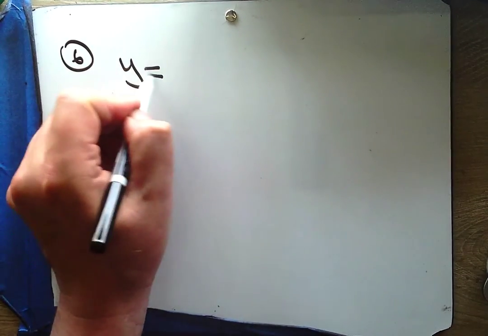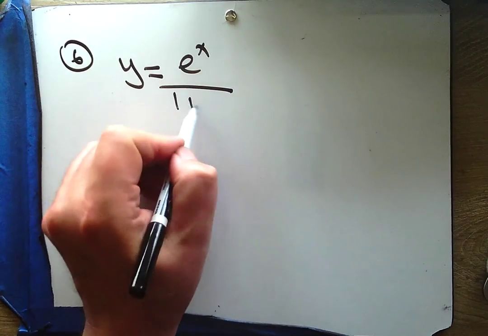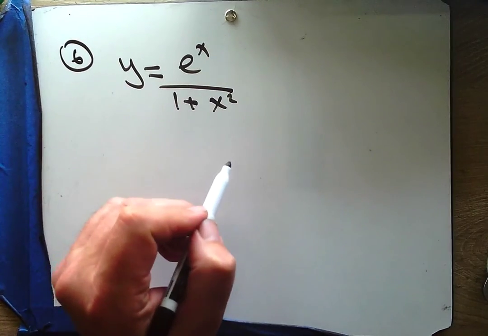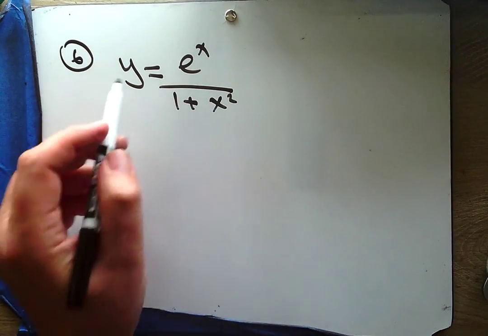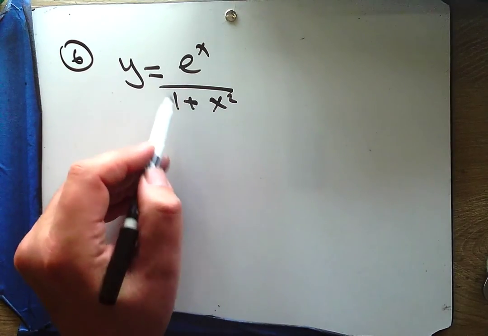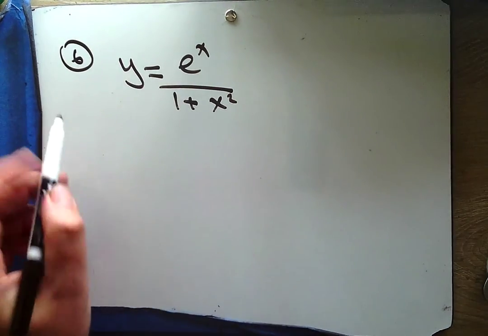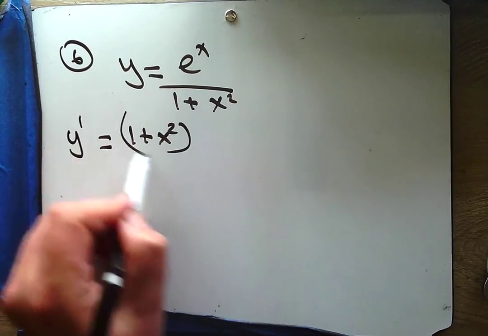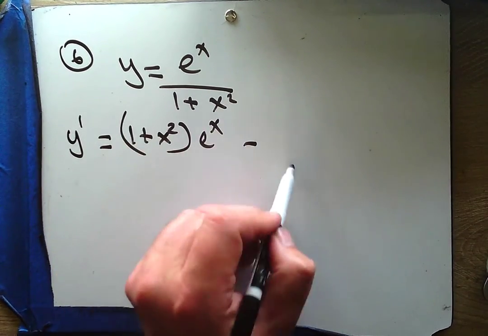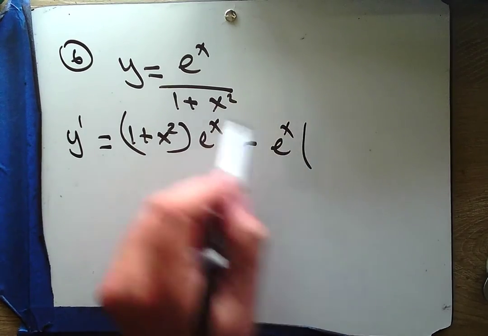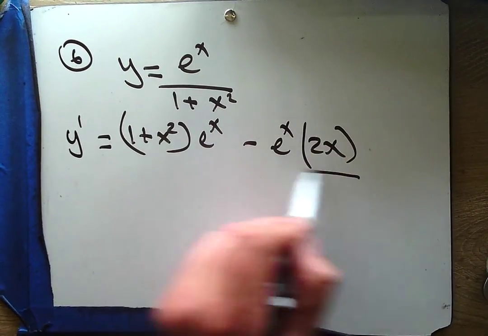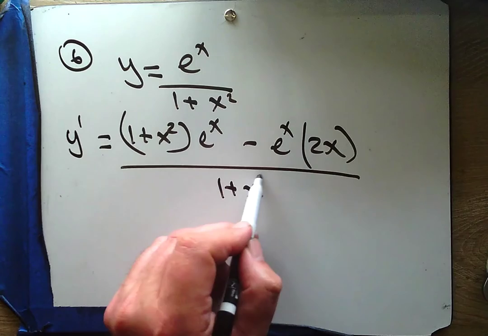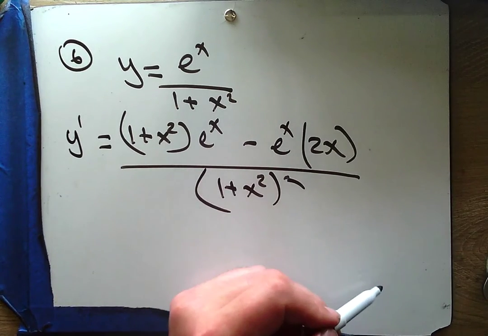Okay, problem 6, we have y equals e to the x over 1 plus x squared. There we go. So y prime with the quotient rule, low d high minus high d low over low squared.